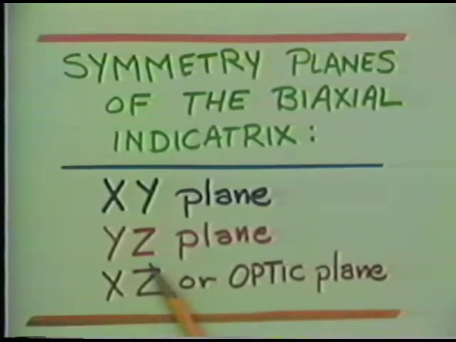There is the YZ plane, where again Y and Z are parallel and X is perpendicular. And there is the XZ plane, which is a special one, which we also call the optic plane, because besides having the Z and X directions parallel, also both optic axes are parallel.